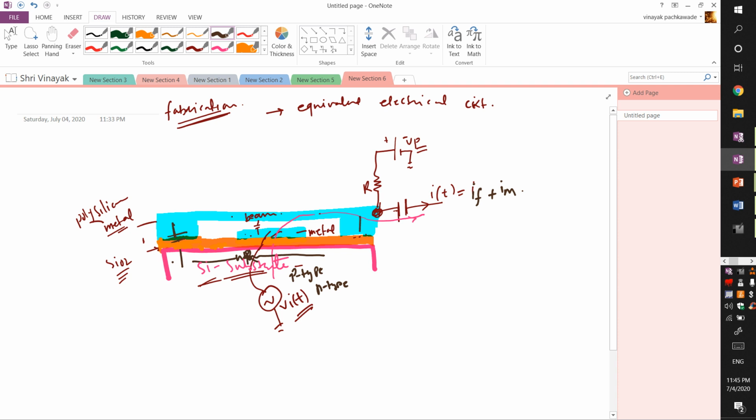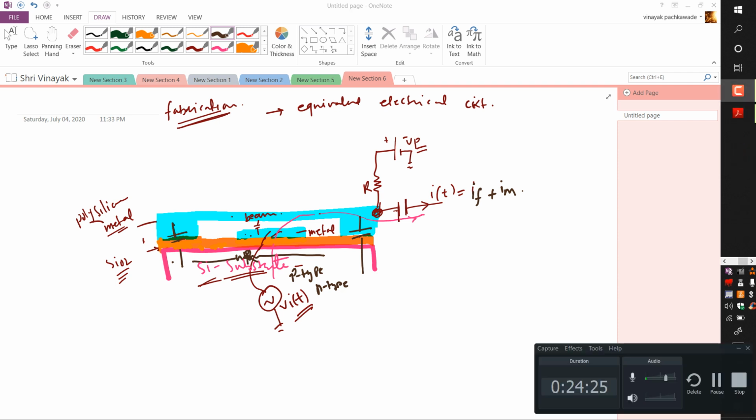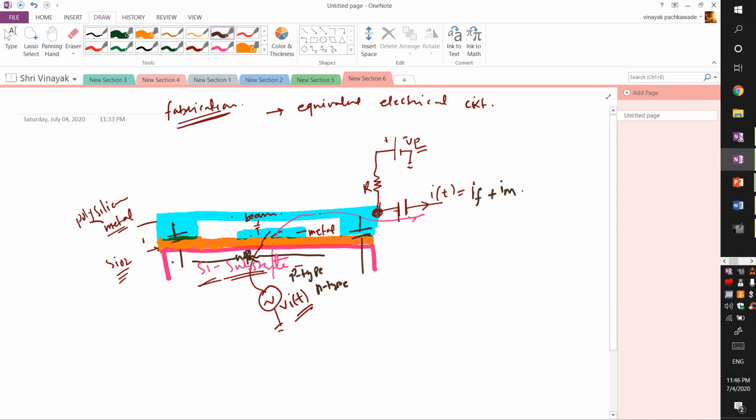However, these two capacitances and this resistance are not coming into the signal path. We can neglect this resistance because it is quite trivial. These capacitances are not in the signal path from input to output.